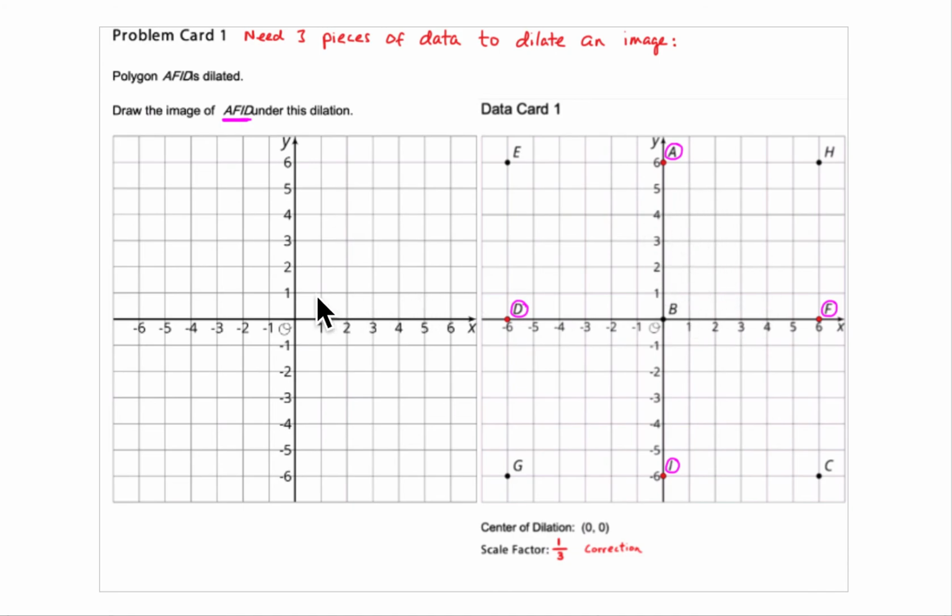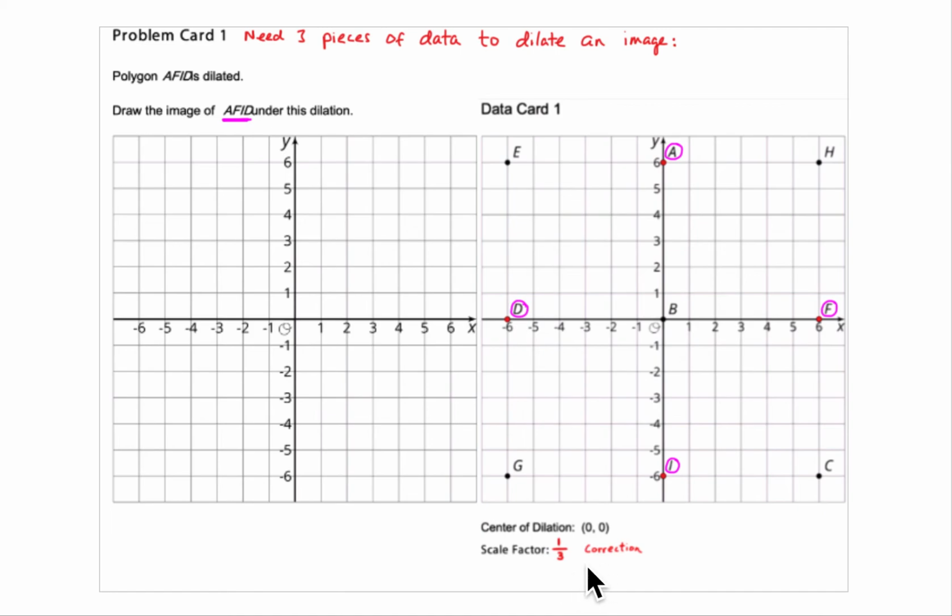And the student with the problem card is supposed to ask questions of the student with the data card, get those answers, and then perform that dilation on this grid based on that information that they get. And so you need 3 pieces of information to dilate an image. You need to know what the center of dilation is. You need to know what the scale factor is.